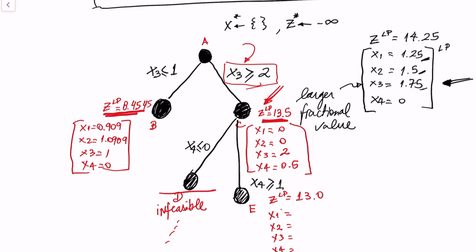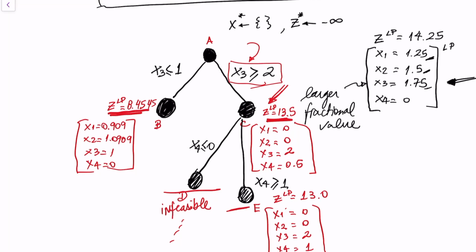So that means that x1 was 0, x2 0, x3 was 2, and x4 was 1. As we look at the other nodes of the tree, this one we can fathom because we were able to find a solution that was integer. And this solution will update my incumbent and say that my incumbent solution now is 13, with my decision vector being represented as 0, 0, 2, 1, that is just the solution from this node, right?